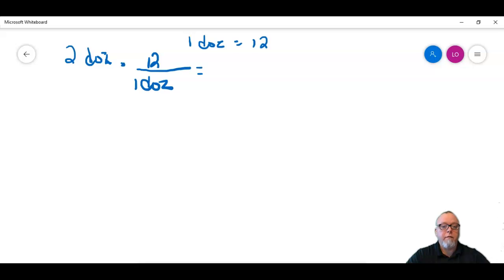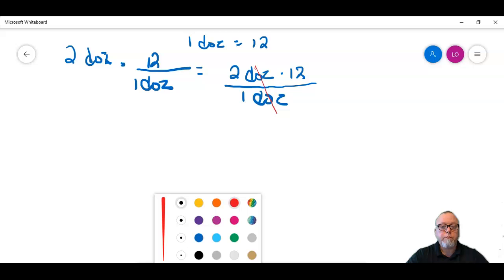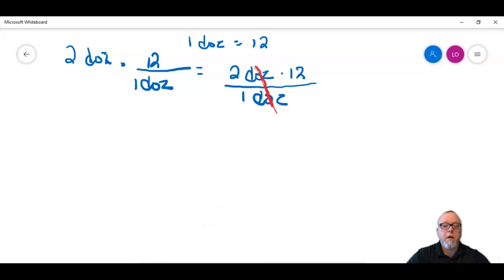So this could be written out as 2 dozen times 12 over 1 dozen. That can quickly and easily be simplified: dozen divided by dozen cancels, and we're left with 2 times 12, which is 24 of them.